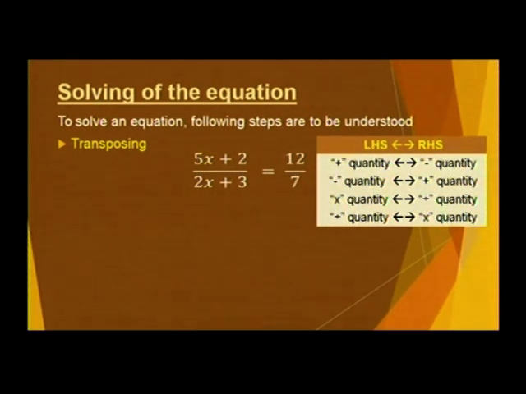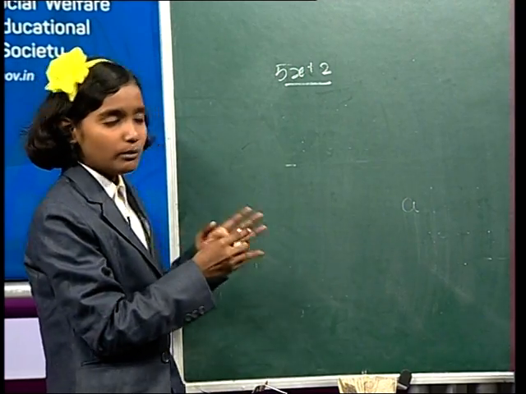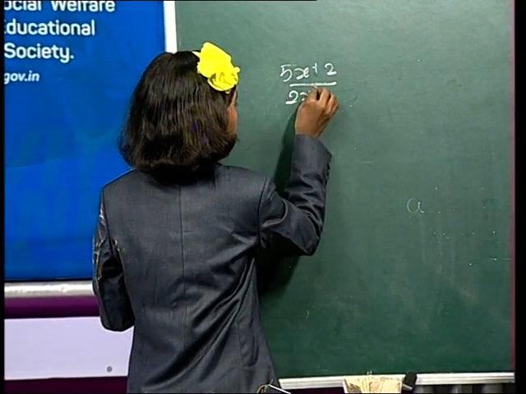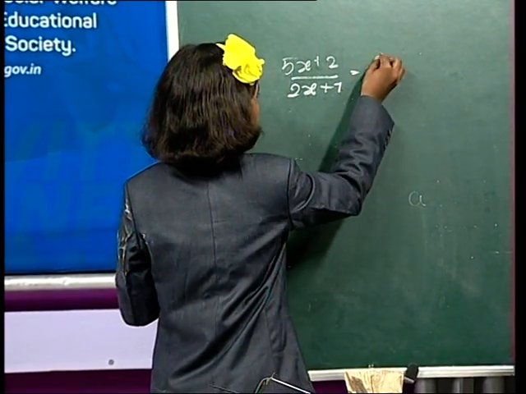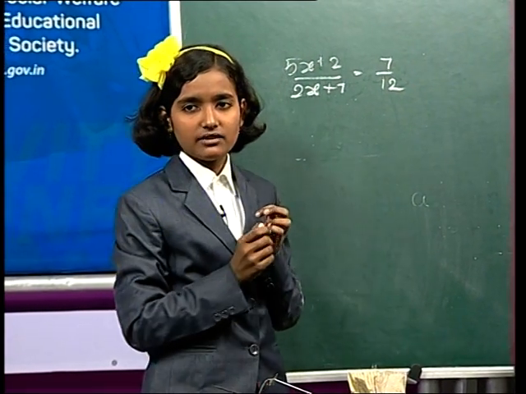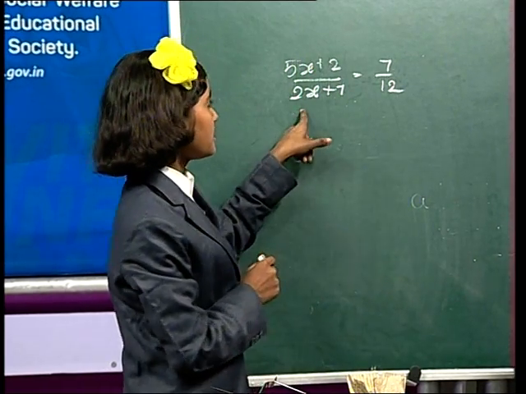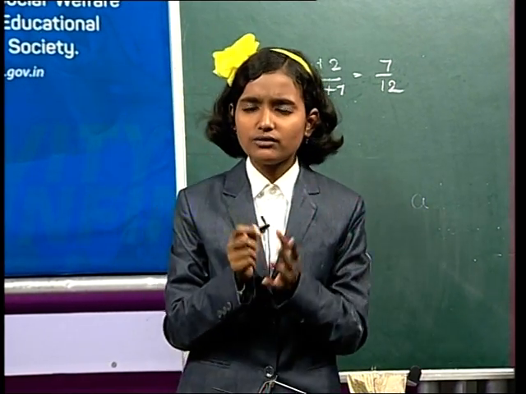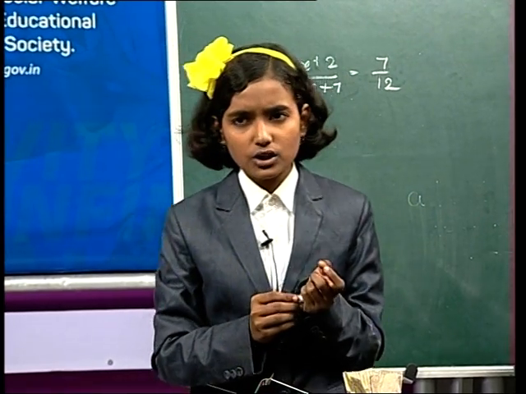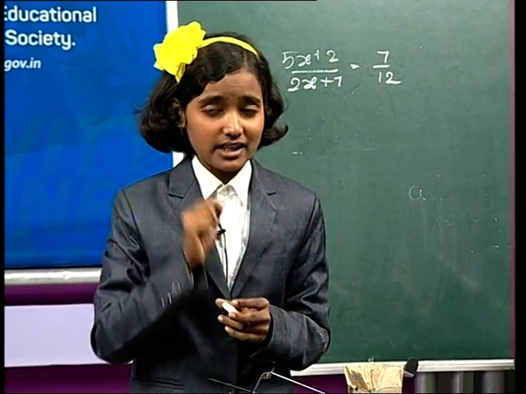Here, what is given? 5x plus 2 by 2x plus 7 is equal to 7 by 12. So, friends, here it is the equation. So, how can we solve it? Do you know? How can we solve it, friends? Yes, you are exactly correct.